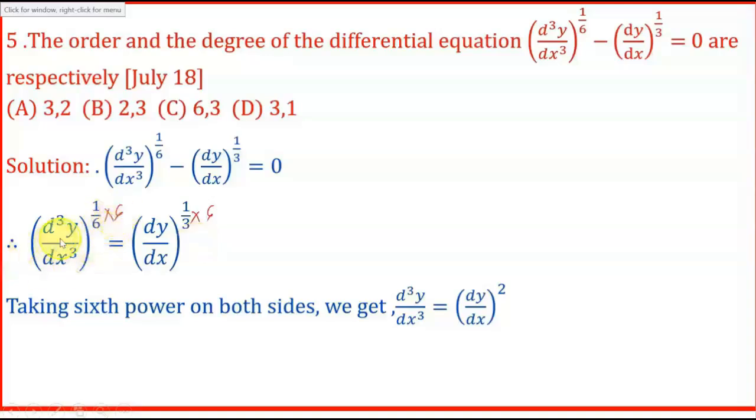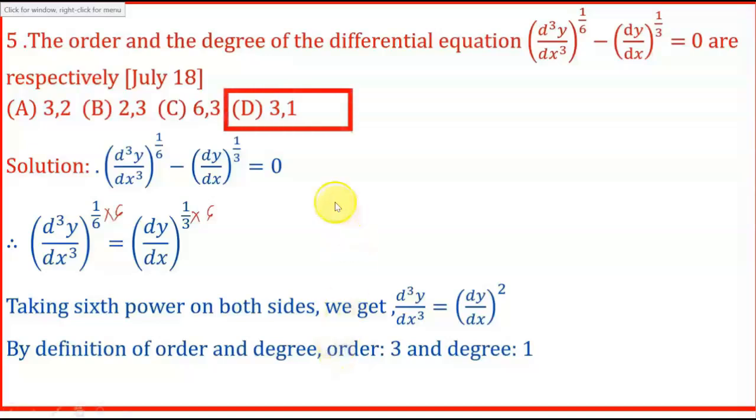The 6 will get cancelled. 3 ones are 1, 3 twos are 6. That is (dy by dx)^2 is equal to d3y by dx cube. Hence the order of the differential equation is 3 and the degree is 1. Hence option D is correct here.